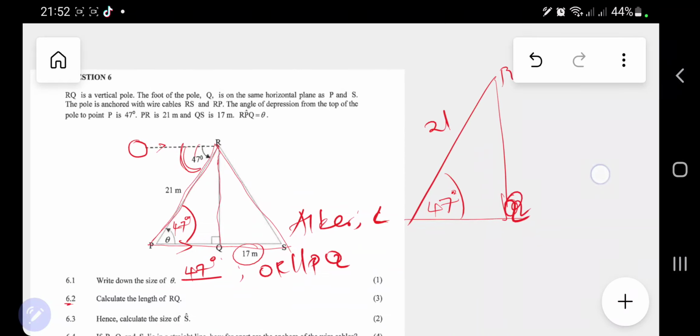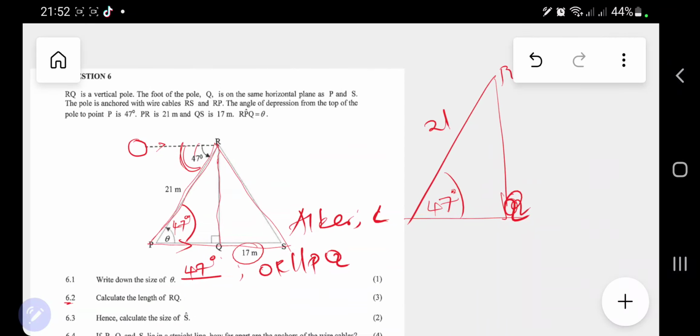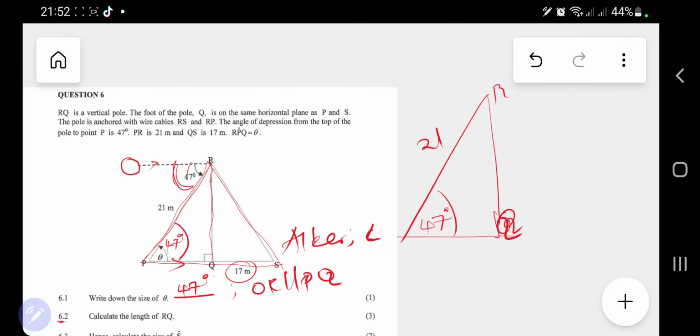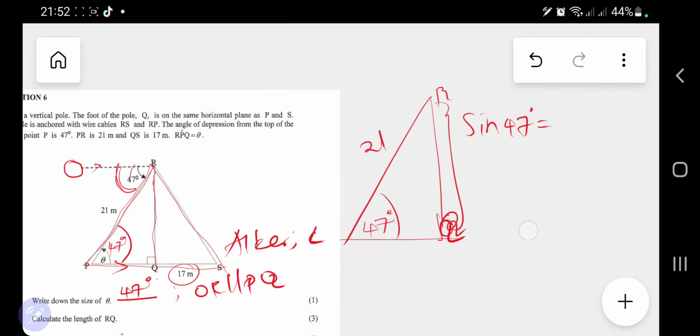If this one is RQ, then we need to calculate RQ. We can tell that this is the opposite side to the angle, so we're going to use sine. Sine 47 degrees equals the opposite side, RQ, over the hypotenuse, which is 21.